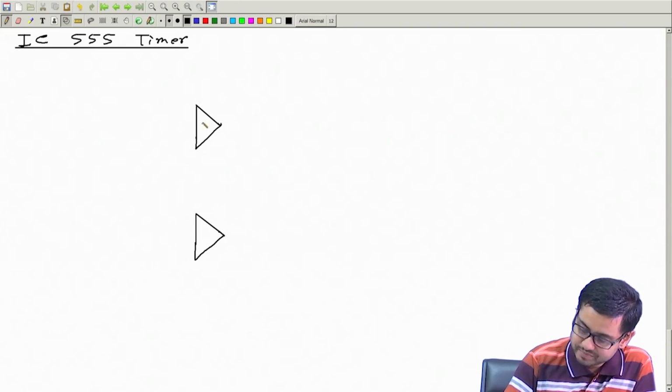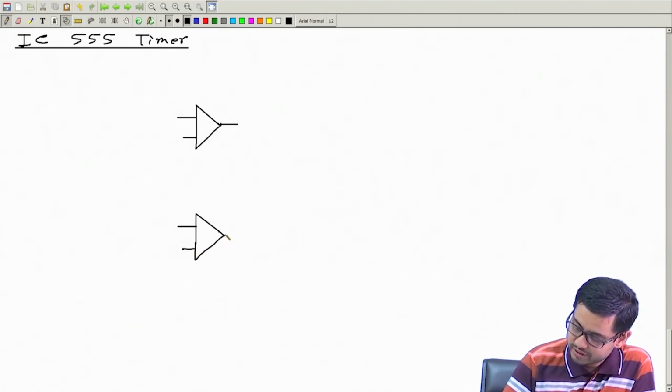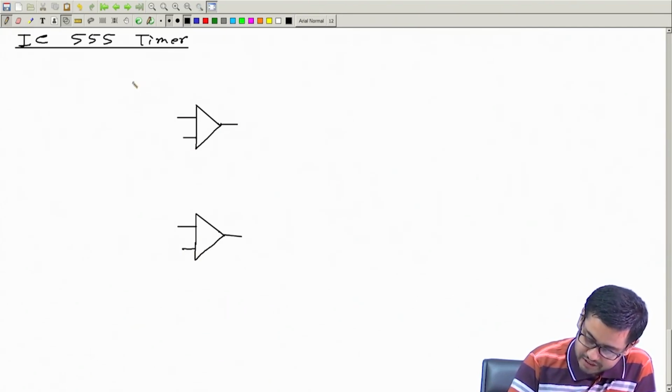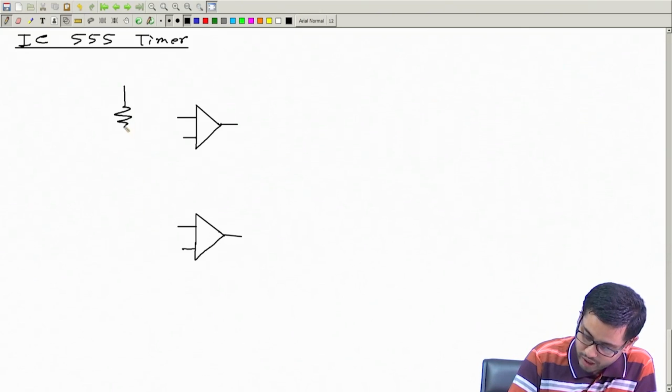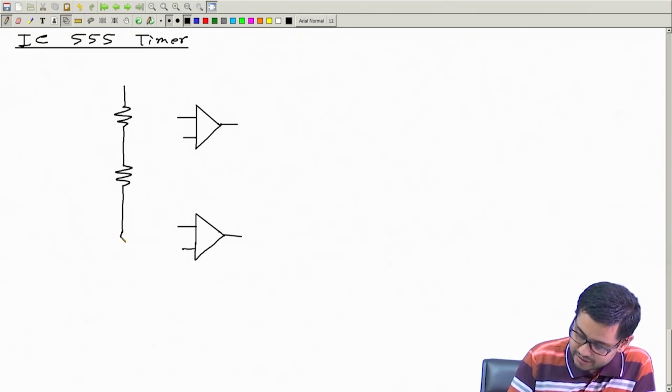These are op amps. They will have two inputs, plus and minus, one output, and a potential divider which has three equal resistances 1, 2 and 3.